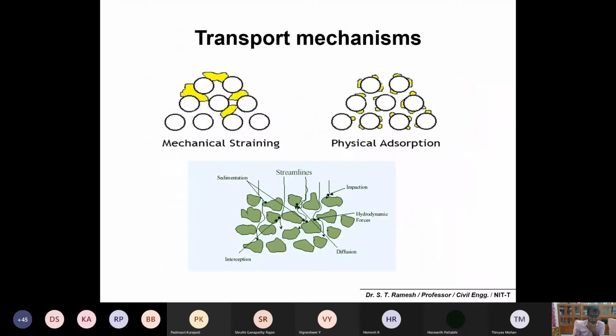This is what we have discussed as micro straining. Now you can understand better. These yellow colored particles are flocs, and the size of the floc is bigger than the size of the opening, thereby it will be trapped onto the surface. There could be possibilities of adsorption also. And this third one is about centrifugal and also inertial forces.